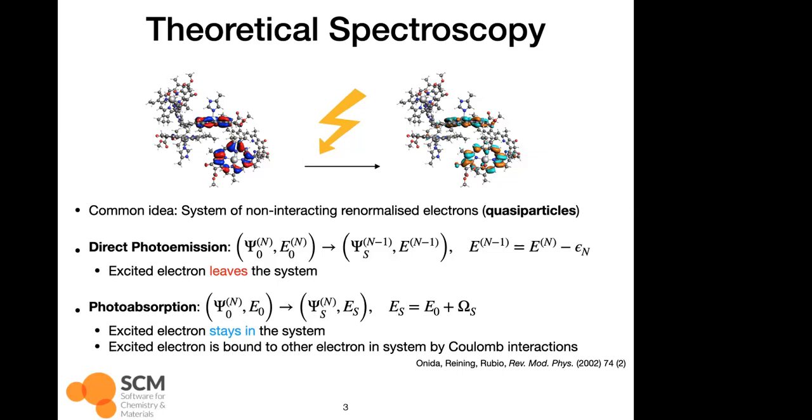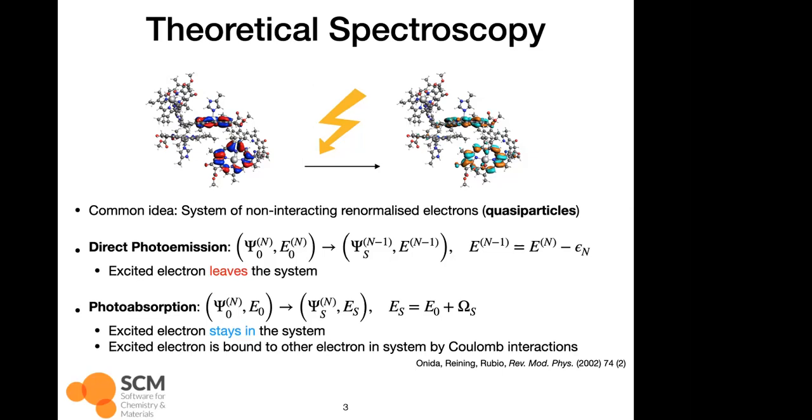But then we have also photoabsorption, where we promote our system to an excited state. So the excited electron stays in the system, and the excited electron is bound to other electrons in the system by Coulomb interactions, right? And this problem is actually more difficult than the first one, because direct photoemission just requires us to look at one particle, but photoabsorption requires us to look at two particles, an electron and a hole.